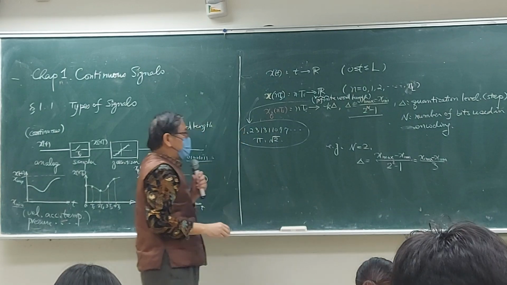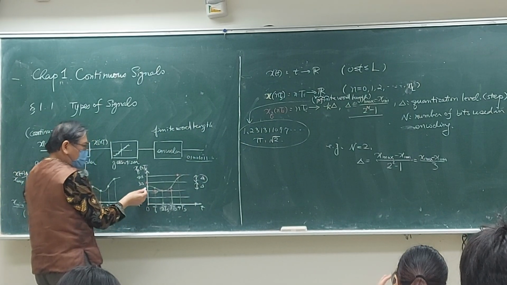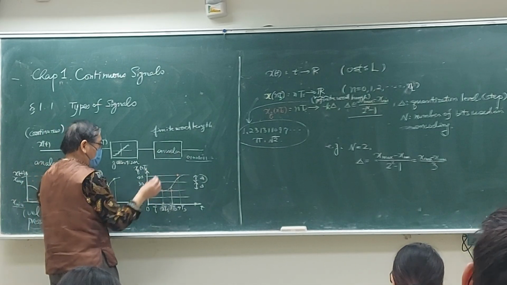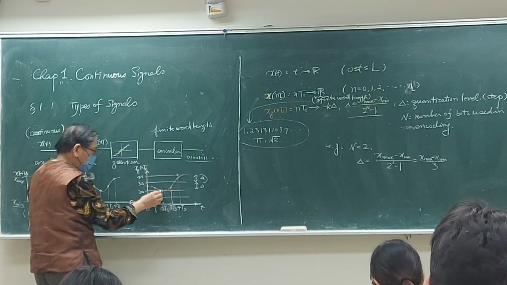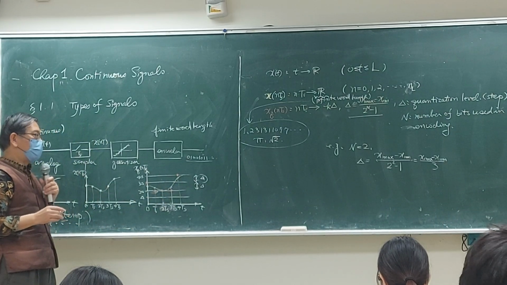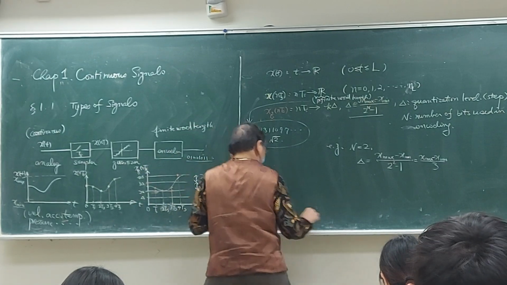Okay? So after the quantization, the numbers you are going to store in your memory or in the sensor will be those red dots. It depends on your rounding algorithm.